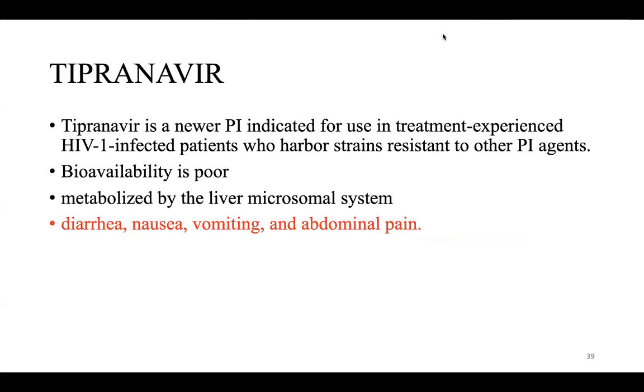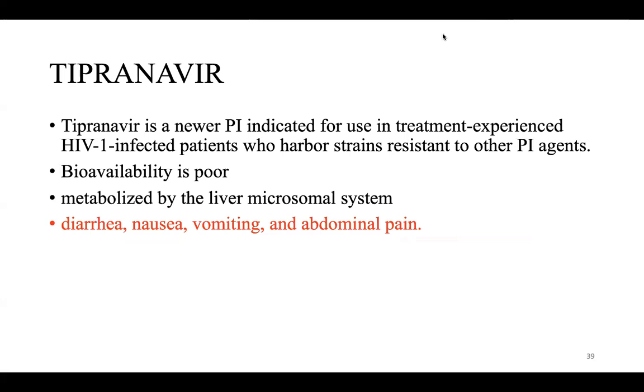Tipranavir. It's used in combination with ritonavir to achieve effective serum levels and is not approved for treatment of naive patients. Bioavailability is poor but is increased when taken with a high-fat meal.